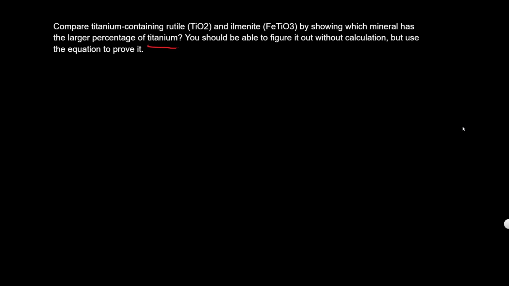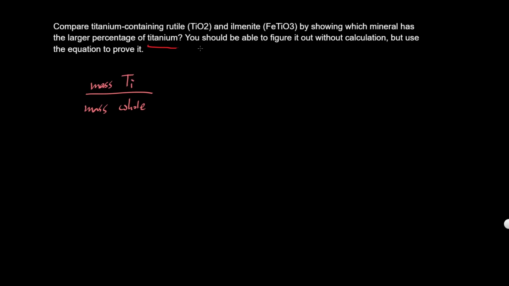You could think about it this way: figure out the mass of titanium out of the mass of the whole thing for each, and then figure out what percentage of titanium is in the whole thing.